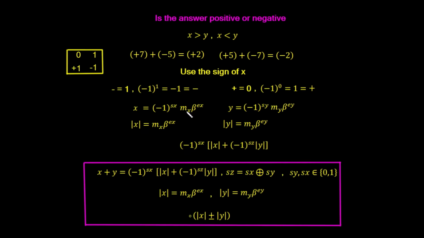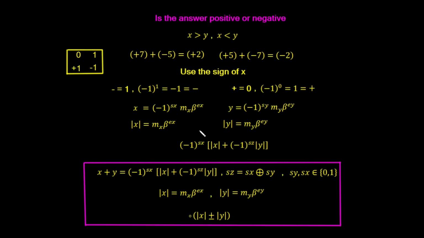And we would have the mantissa for x, the radix raised to the power ex, the mantissa for y, and the radix raised to the power of ey. So this is just our floating point number. So we can say that the modulus of x is just this part of the number. So it's really the number without the sign, and the modulus of y is just this part of the number.